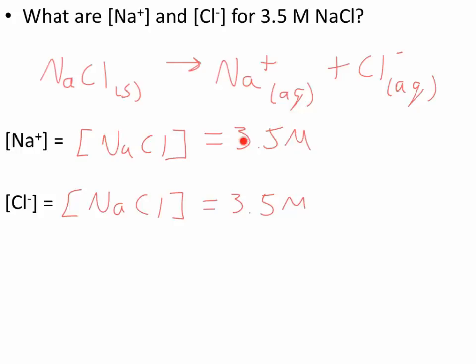And again, these two concentrations are equal to one another because we have equal numbers of sodium ions and chloride ions in the compound. That is, for every 1 sodium ion, we have 1 chloride ion. And they won't be equal if we have different numbers of ions in our compound.